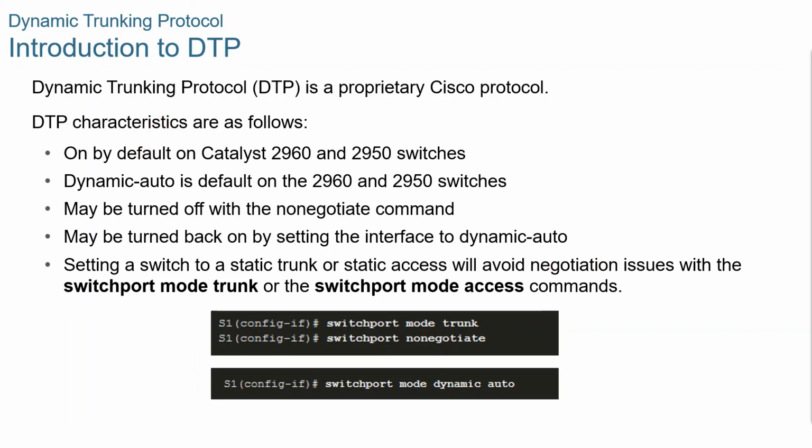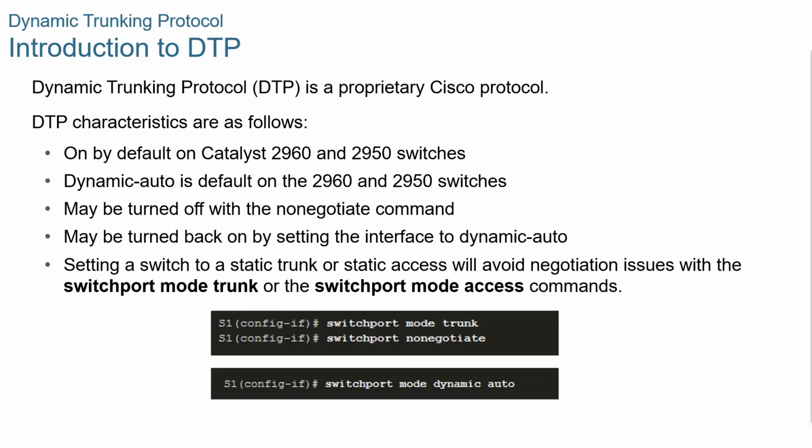DTP is a Cisco proprietary protocol that is automatically enabled on Catalyst 2960 and Catalyst 3560 series switches. DTP manages trunk negotiation only if the port on the neighboring switch is configured in a trunk mode that supports DTP. Switches from other vendors do not support DTP.